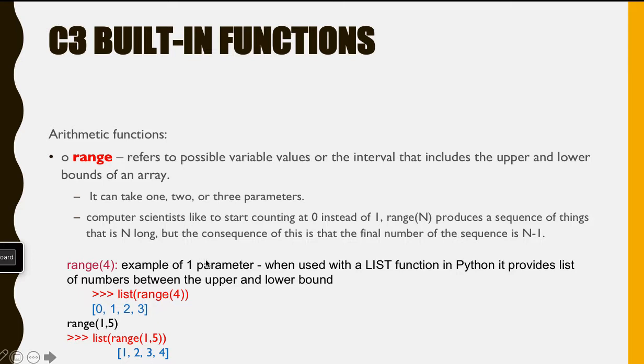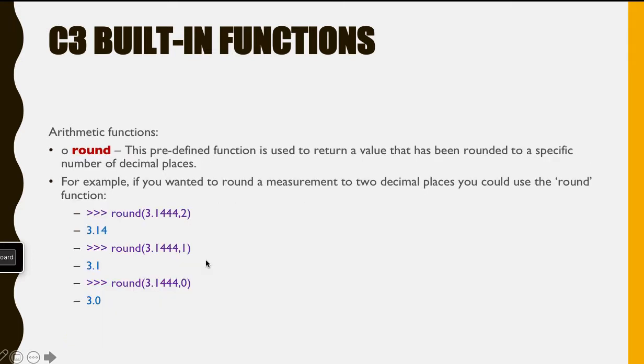The next function we're going to look at, another arithmetic function, is the round function. As the name suggests, it would normally take as a parameter a floating point, as in a decimal number, or a real number, and it would round that accordingly. We supply it with 2 parameters.